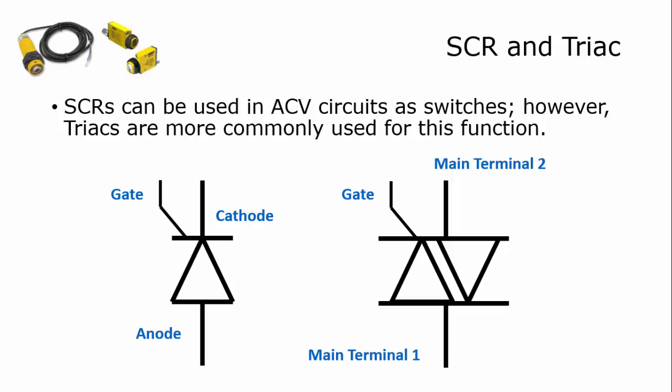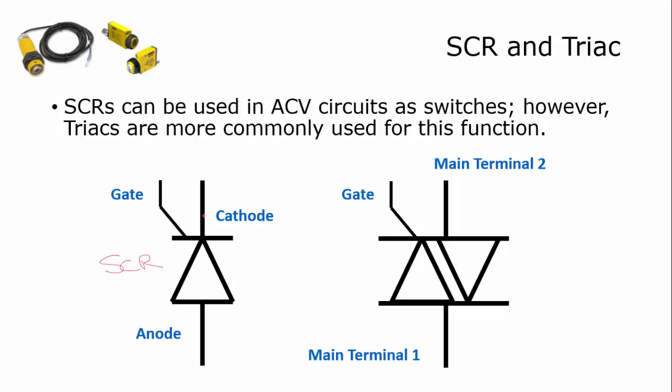Everything we saw before this works primarily with DC. SCRs and Triacs, however, are more common when you're in AC circuits. And again, it's a switch. An SCR, and this over here is the SCR, silicon controlled rectifier. It looks like a diode.